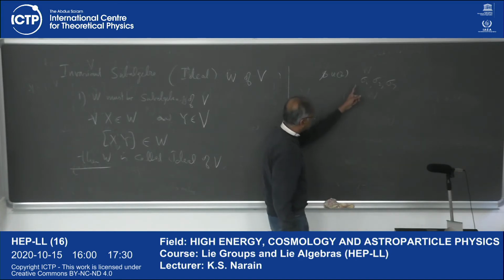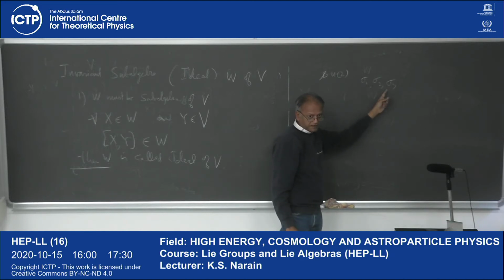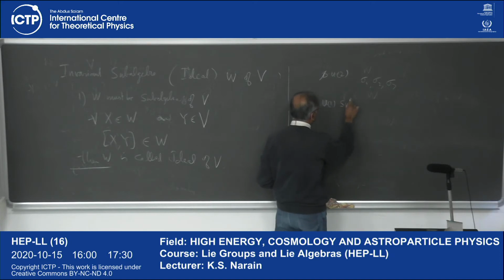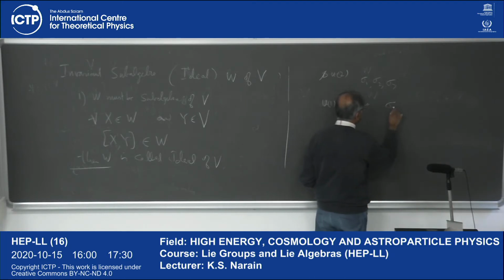In other words, an arbitrary element can be expressed as a linear combination of Pauli matrices. Then consider the U1 subalgebra, or U1 subspace, let's say, which is just generated by sigma 3.